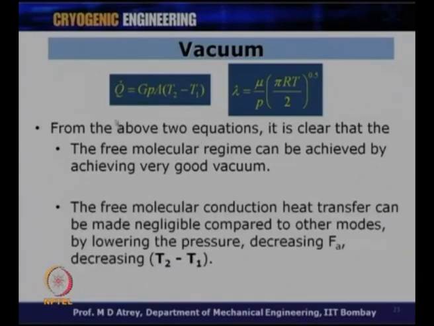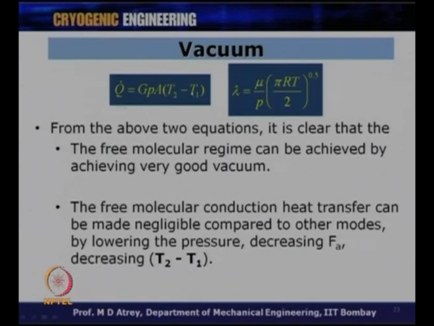Also, one can understand from this expression that the free molecular conduction heat transfer can be made negligible compared to other modes by lowering the pressure. So, my Q is directly proportional to P. If the P value is much lower, that means you have a perfect vacuum, you ensure that there are hardly any molecules which will cause the free molecular conduction. So, if I reduce the pressure, my Q is going to be much less.